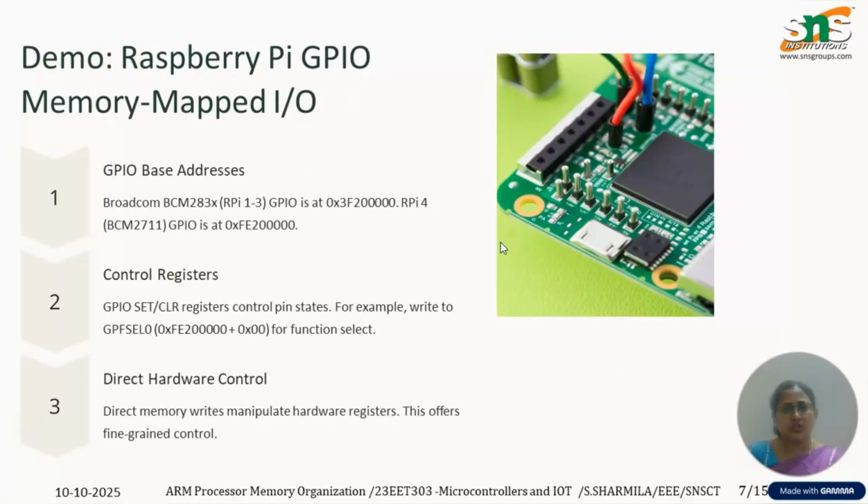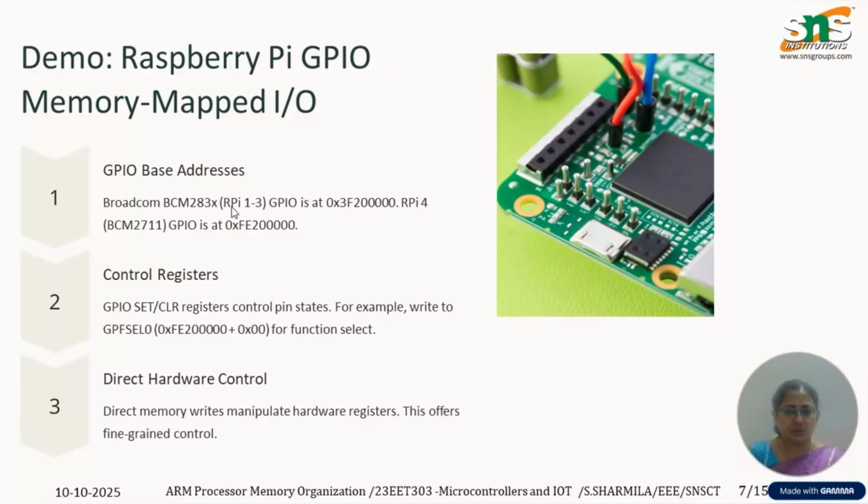Now let's move on to the demo part, Raspberry Pi GPIO memory mapped input output. Let's see this in action with the Raspberry Pi. Its GPIO is controlled via memory mapped input output. The base address has changed between models: 0x3F200000 for older Pis and 0xFE200000 for the Pi 4.